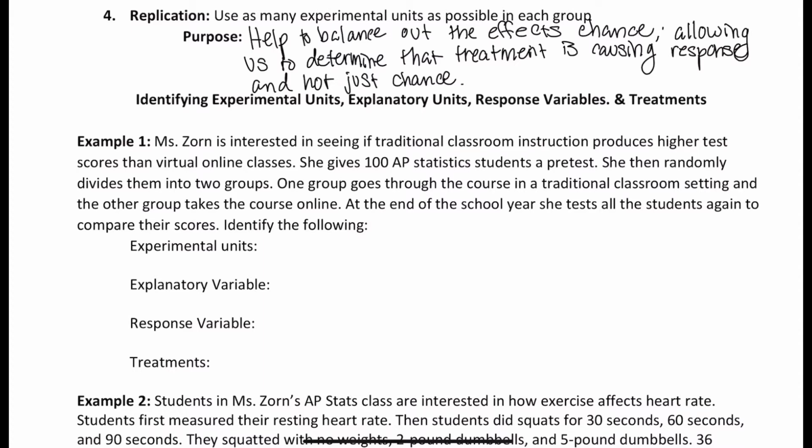So first off, we want to identify the following. The experimental units, these are the people receiving the treatment. And the people receiving the treatment here are the 100 AP Stats students that I have selected out. The explanatory variable, so the category of treatment, that independent variable is the type of instruction.